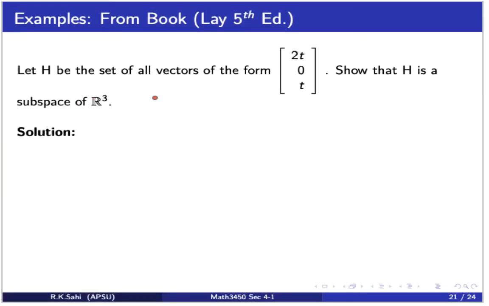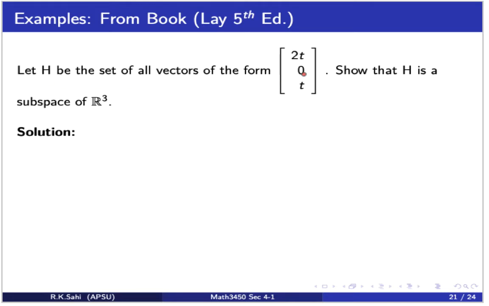Now let H be the set of all vectors of the form (2t, 0, t). We are going to show that this H is a subspace of R3. Now remember, what did we just say? That if you have any set which can be represented as a spanning set, then by default the spanning set is a subspace.